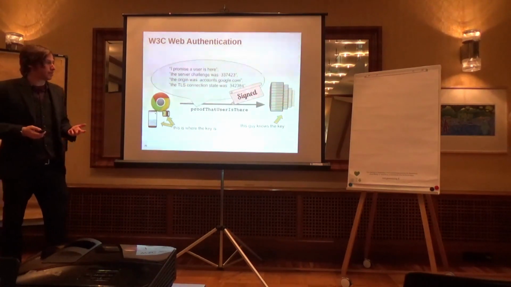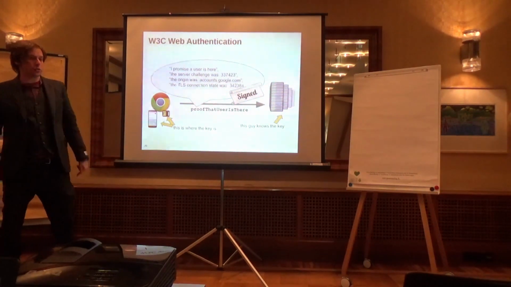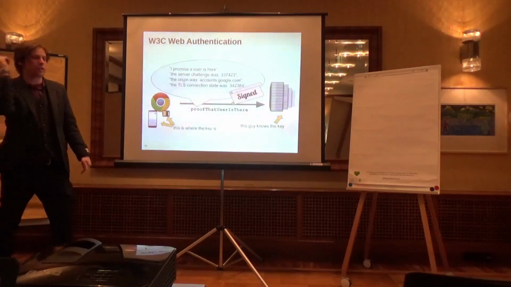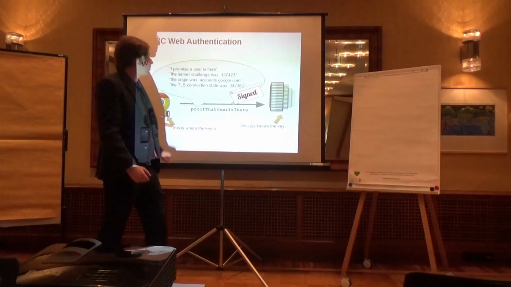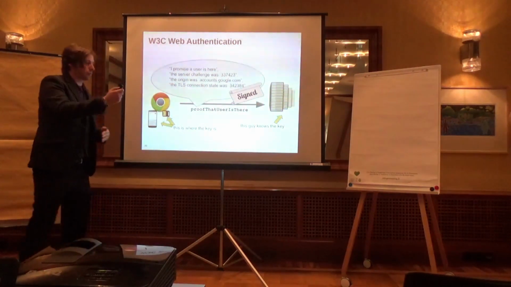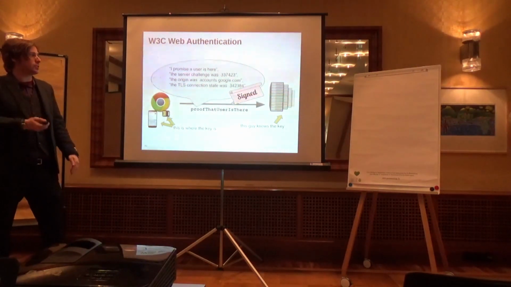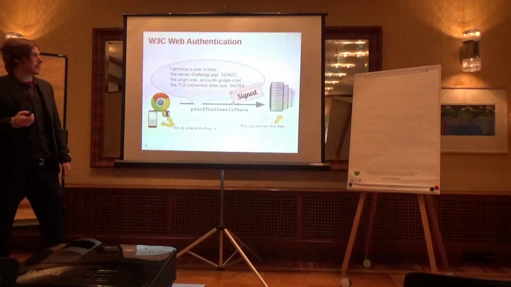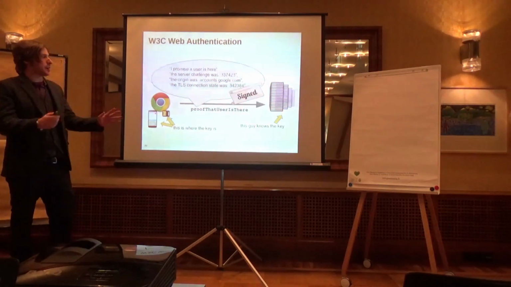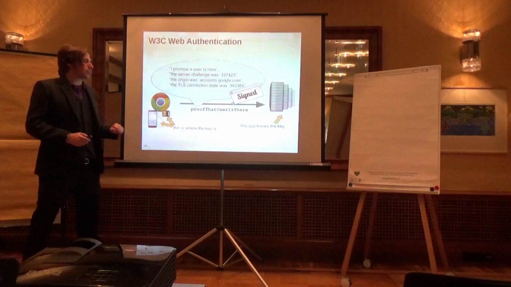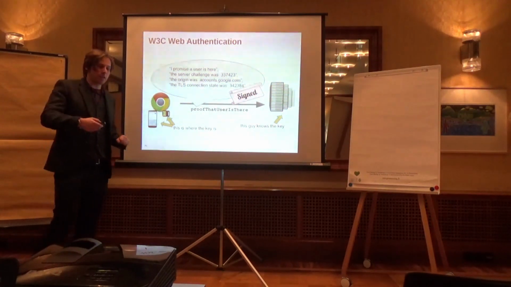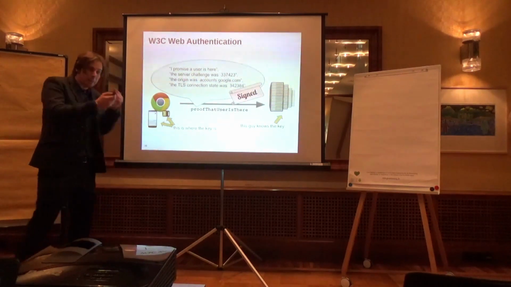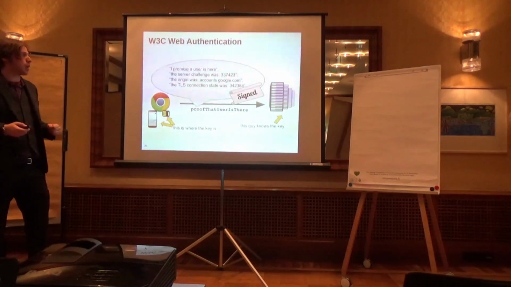So what you do is, you establish a TLS connection, ideally using TLS 1.3 as normal. And then you send a promise up to the server. The server uses sort of challenge response protocol. The server sends you a challenge, the nonce attached. You say, hey, I'm a user. That's your nonce. I'm going to sign this with a key. These keys are generated per origin, so they can't be linked across origins for better privacy.